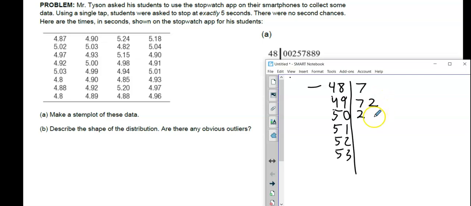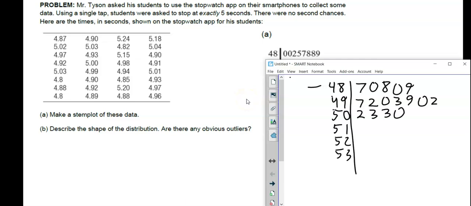Those are not in order right now. 5.03, 4.80, so that would be a 0 there. 4.88, 4.80, 4.90, 5.03, 4.93, 5.00, 4.99, 4.90, 4.92, 4.89.